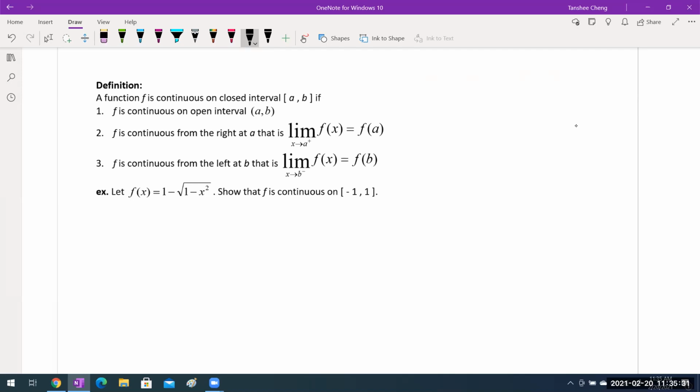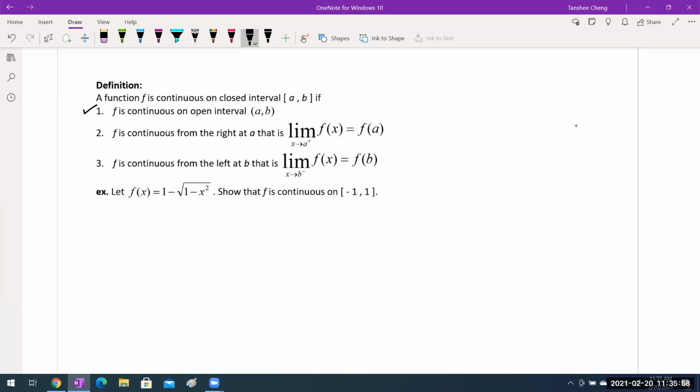When we talk about proving the function is continuous on a closed interval, first we need to prove it is continuous on what? An open interval, meaning not including endpoints. And then we're going to have to use the one-sided limit to prove continuity from one side at each endpoint.